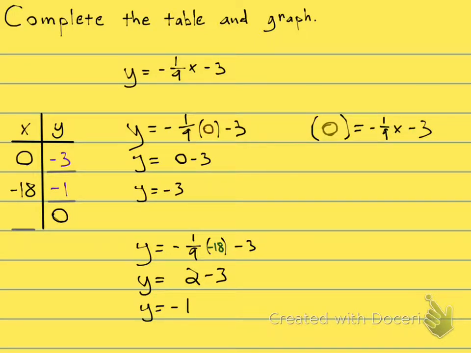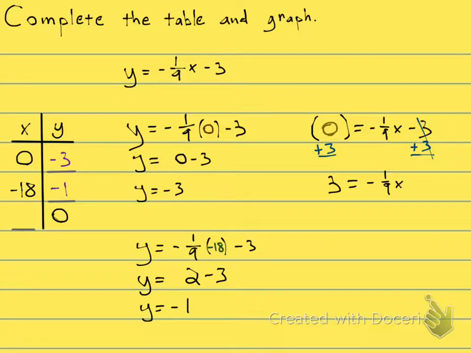So in order to get that x by itself, first thing I'm going to do is add 3 to both sides. That way I won't have that constant out there. 0 plus 3 is 3. Drop down my equals, and drop down my -1/9 and my x.